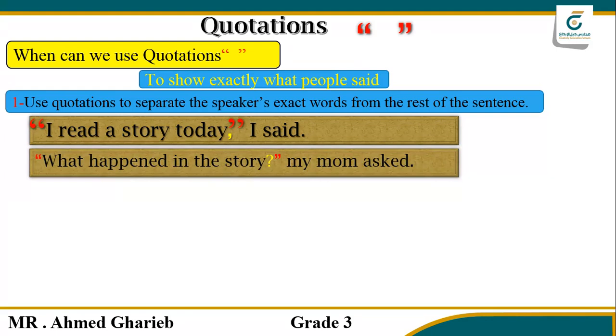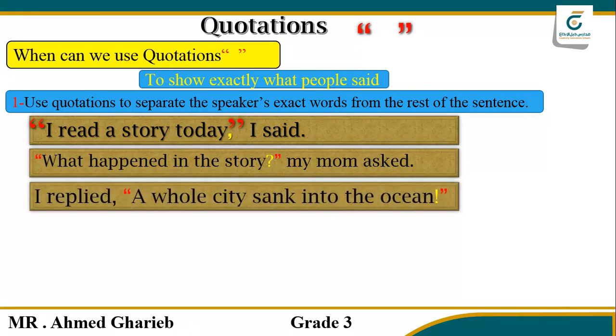She asked me, "What happened in the story?" My mom asked. I replied, "A whole city sank into the ocean." So as you see, what I say or what others say, we keep in quotation marks.